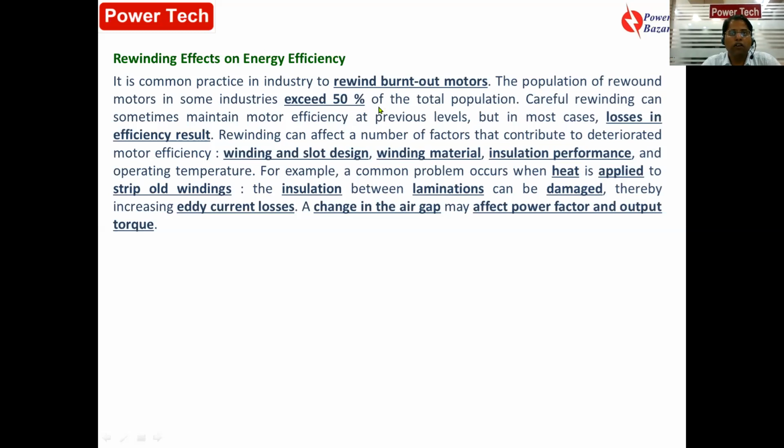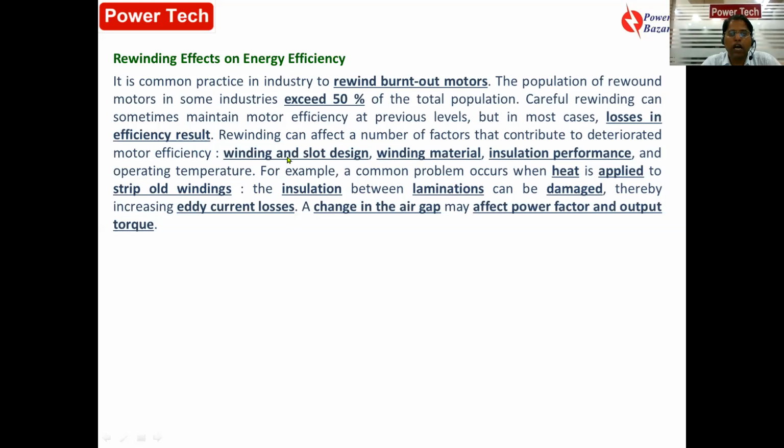If they do not have that particular skill for rewinding of motors, and if they don't adopt good standard operating procedures for rewinding, what will happen? It will lead to bad rewinding.